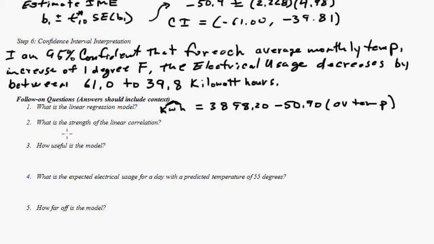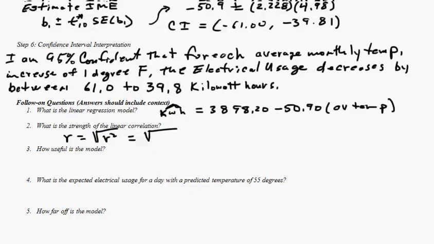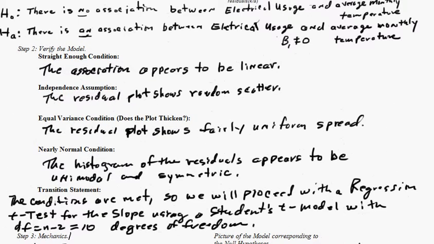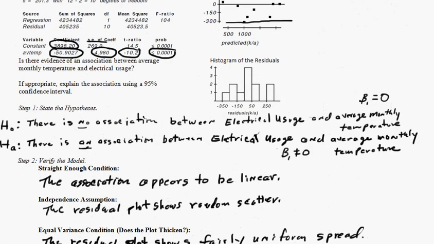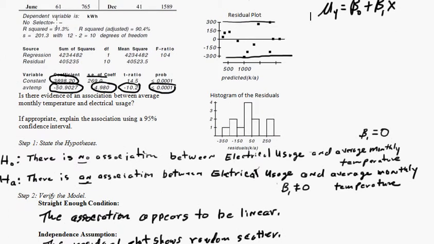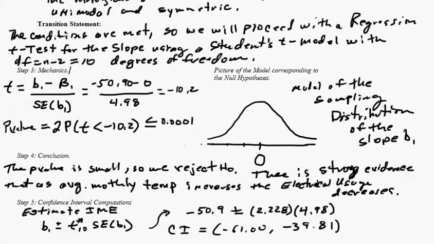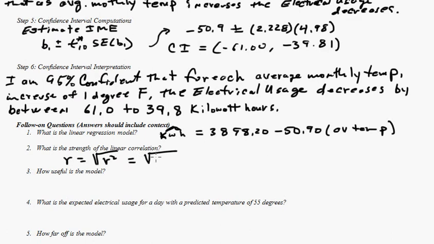Okay, so what's the strength of the model? Well, R is the square root of R squared. Here's R squared right here, 91.3% or 0.913.